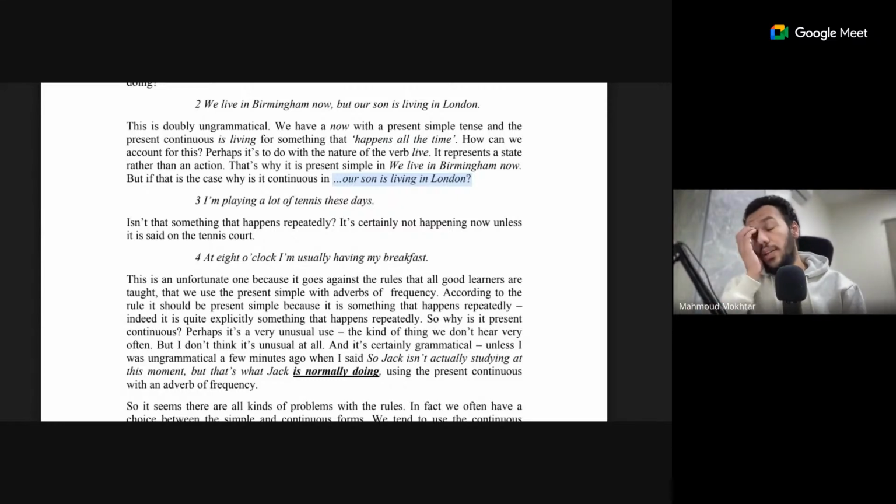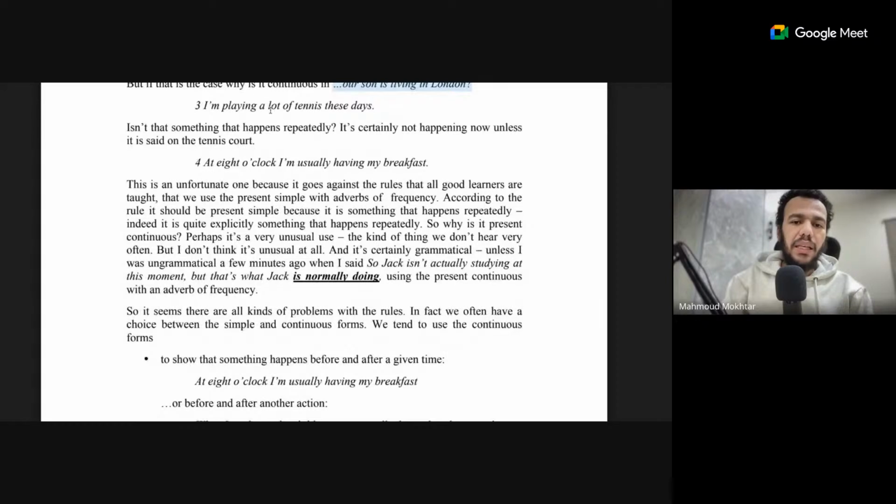The comment on that would be that it could be for a short time. He's living there for a week or two. That's not where he usually lives, and maybe he lives already with his family. But for a short time, he's in London, temporary. Three, I'm playing a lot of tennis these days.